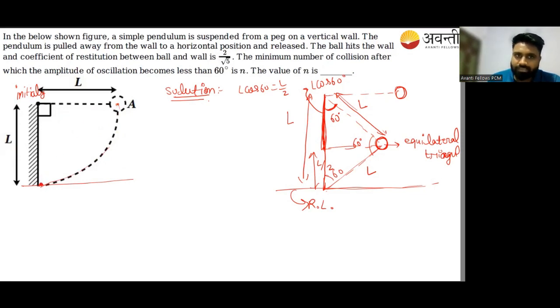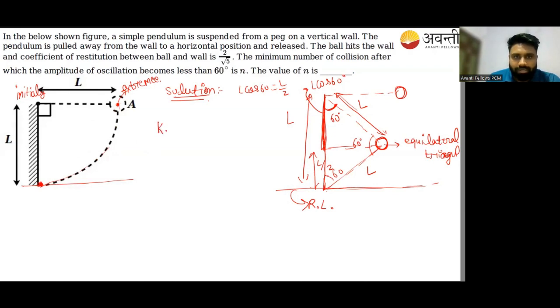Now it is at the first extreme of it. This is the second extreme of it. It is the extreme position. So at the extreme position, what is the formula? The kinetic energy is equal to the potential energy. Whatever potential energy it has at the extreme position will be imparted to the kinetic energy of this system finally.